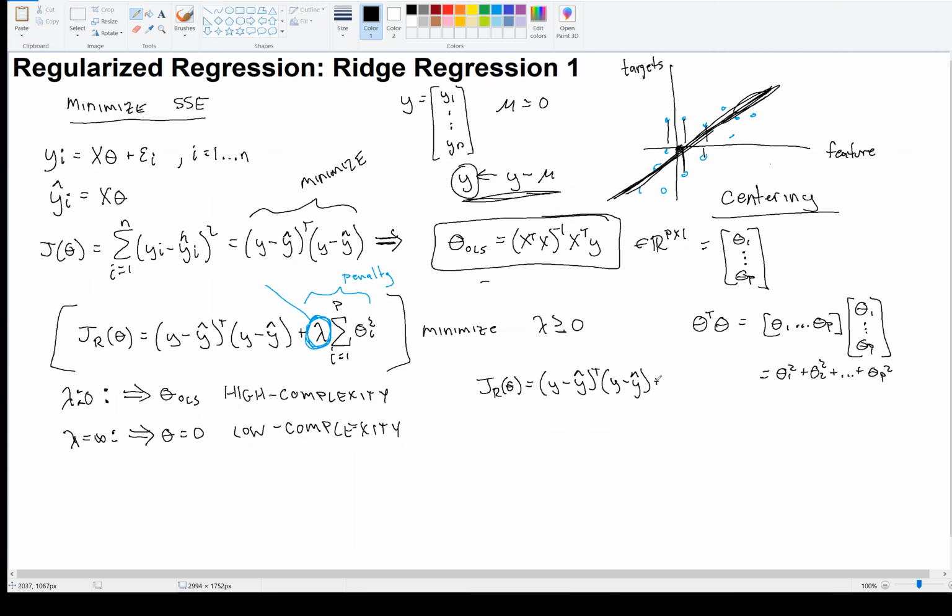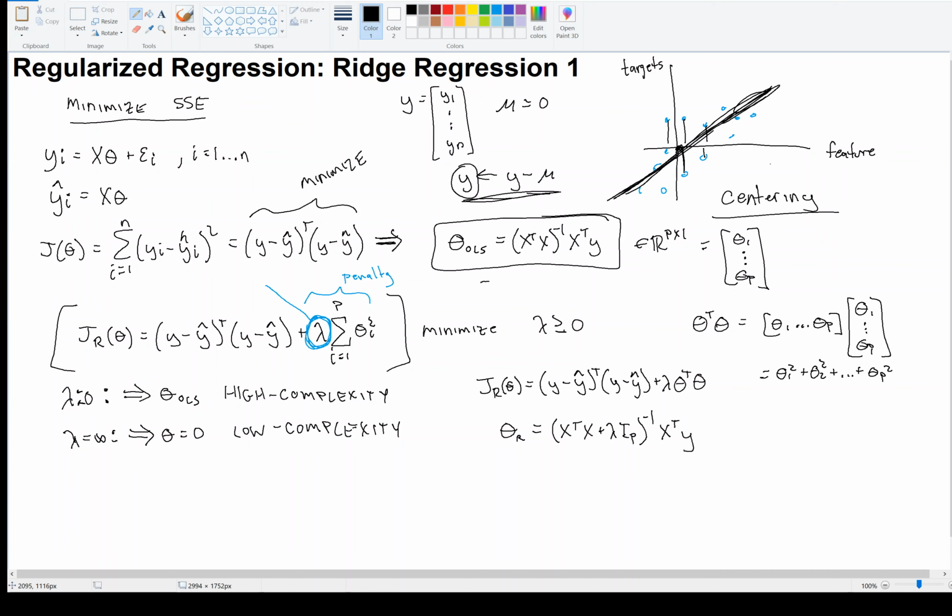The sum squared error plus lambda times theta transpose theta. Now, the reason we do that is that now we can take a vector derivative and set the derivative equal to 0. And what you get, I'm not going to go through the details because the details are very close to how we got the ordinary least squares solution, is that theta, and we'll call this theta r for ridge, is equal to (x transpose x plus lambda times an identity matrix that's p-dimensional) inverse, times x transpose y.